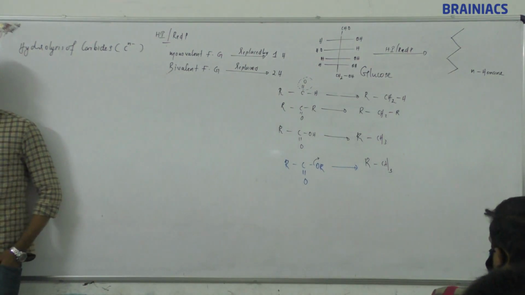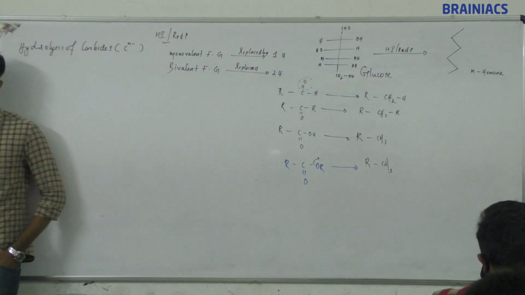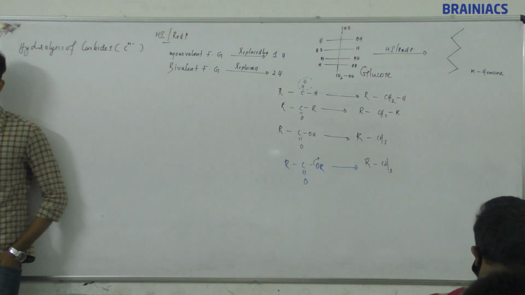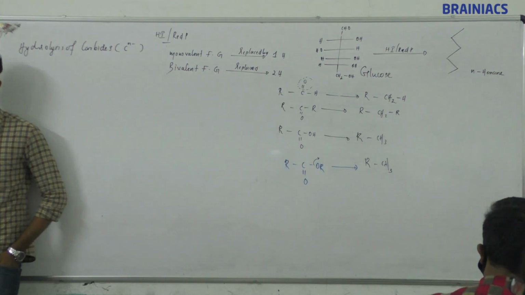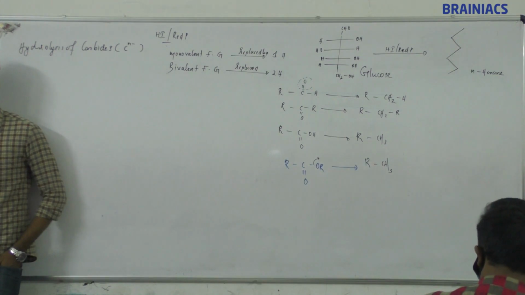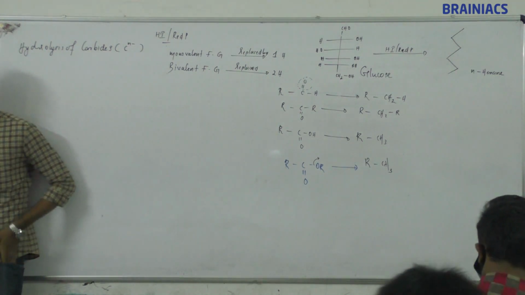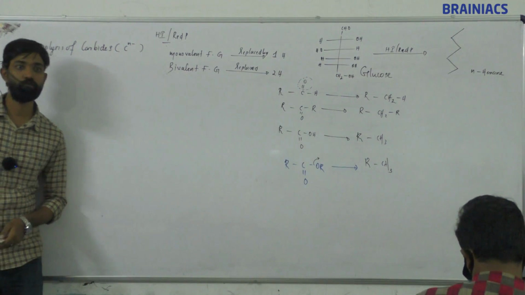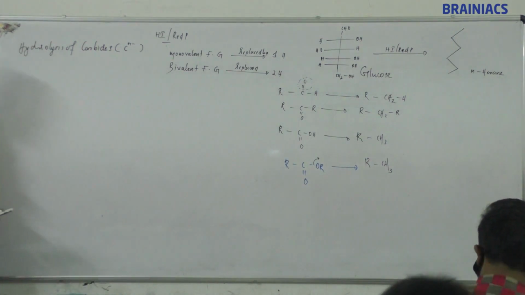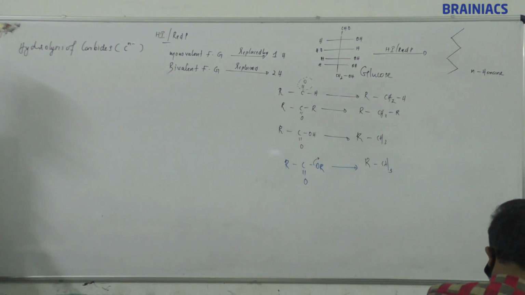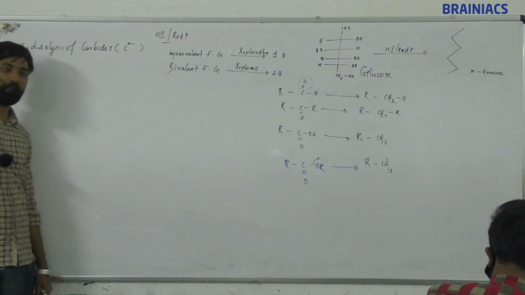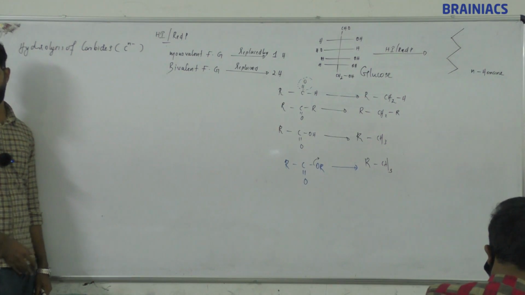Carbide means carbon with a negative charge. The IDE suffix is usually for anions, right? Hydride, chloride, bromide, nitride, oxide, sulfide. The IDE suffix is usually for anions. If the anionic species is carbon, then it is carbide. Carbide means any carbon having n minus negative charge.